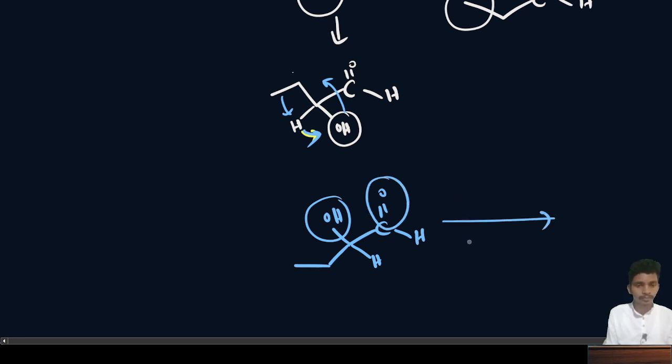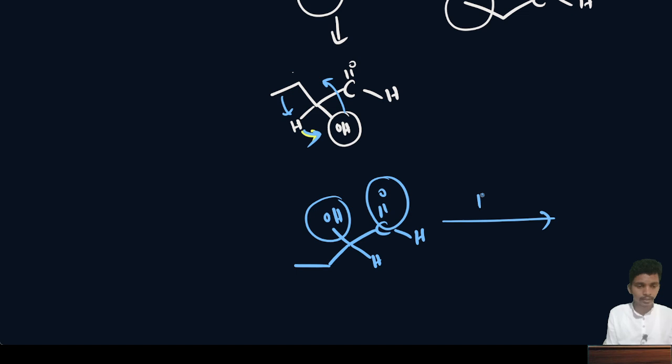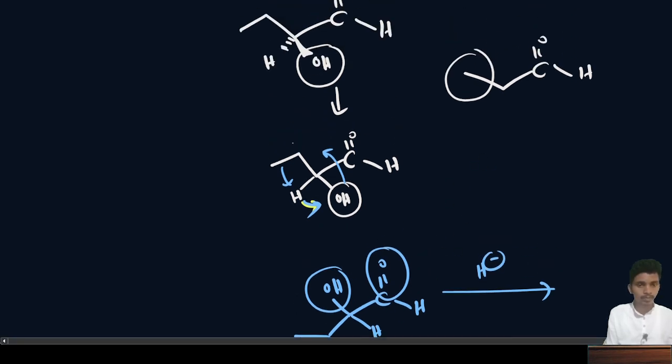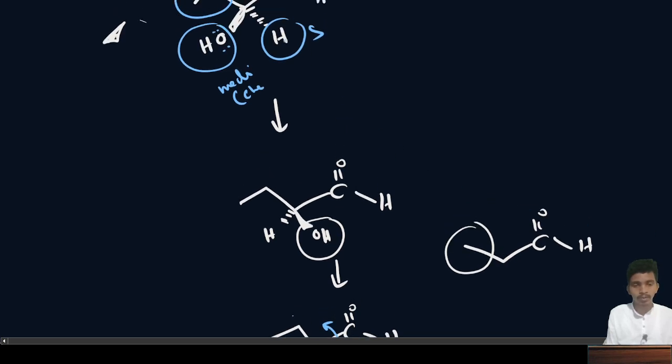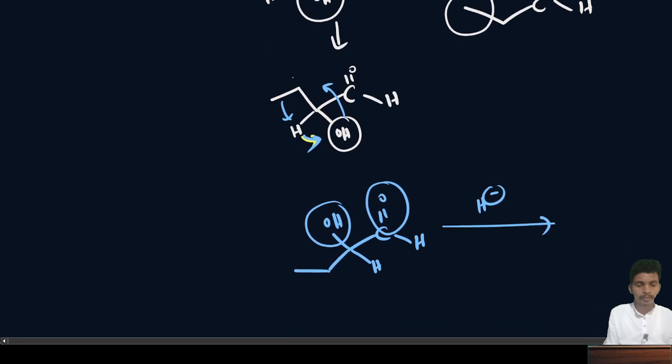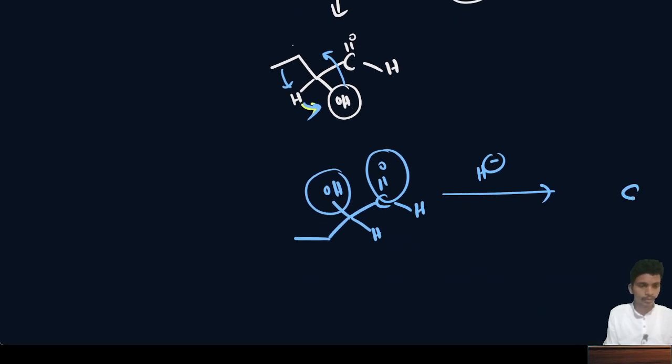Now attack with H minus, from lithium aluminum hydride, from the small group side. In which direction is the small group side? The small group side is at the back. So attack from the back side. So H is going to be at the back side and this is going to be the front side.